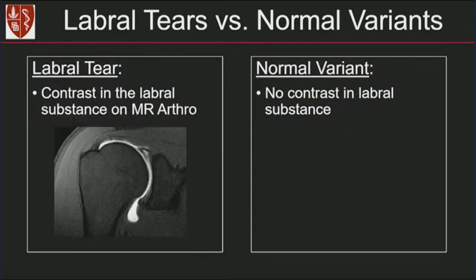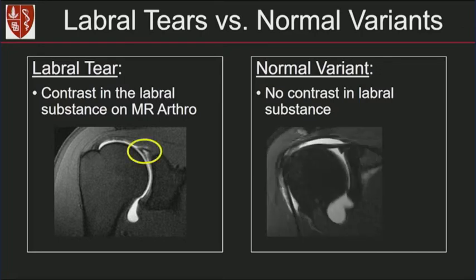On an MR arthrogram, you see contrast extending into the labral substance in some of these labral tears, as we see here. In a normal variant, you do not see any contrast extending into the labral substance. So here's our sublabral sulcus. You see this fluid of contrast undercutting the labrum, but the labrum itself is normal.